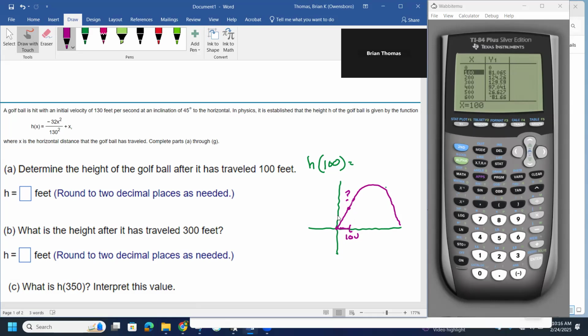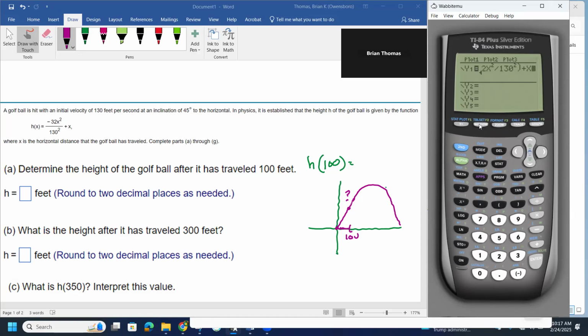It's not a bad idea to actually get a graph of this as well. If we get to a graph, I don't see the graph that I need. So if I go to y equals here, let's see. I think we need to change our viewing window a little bit.